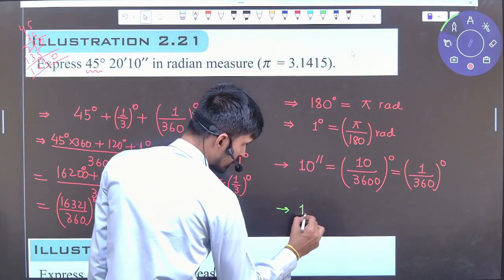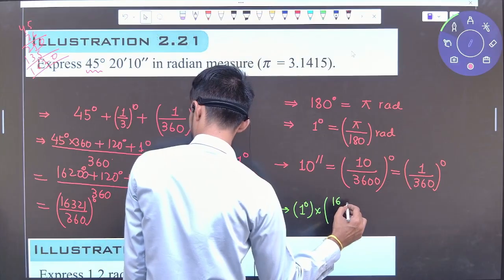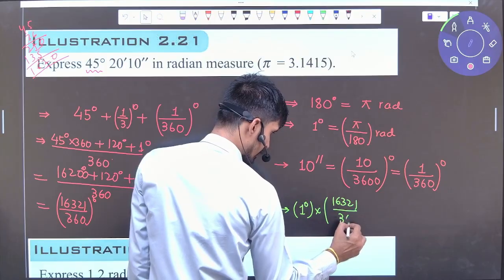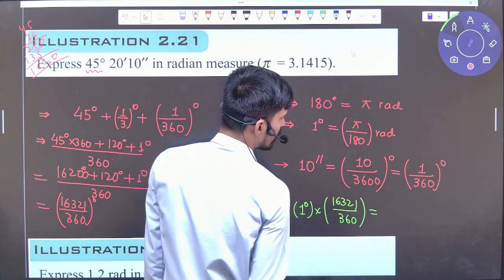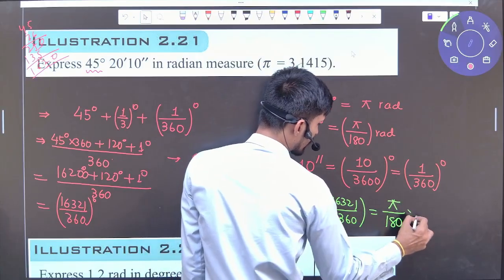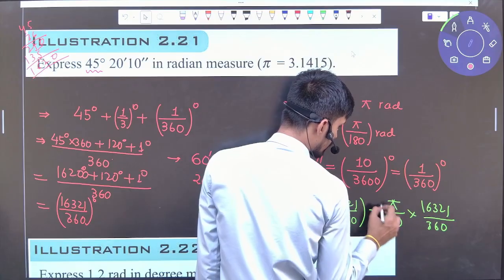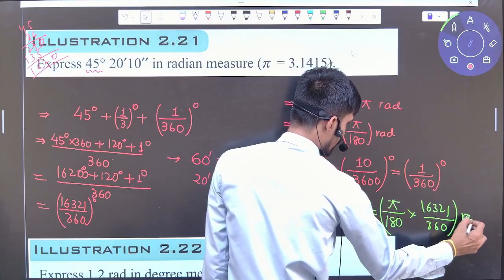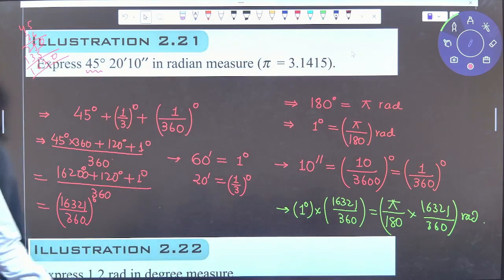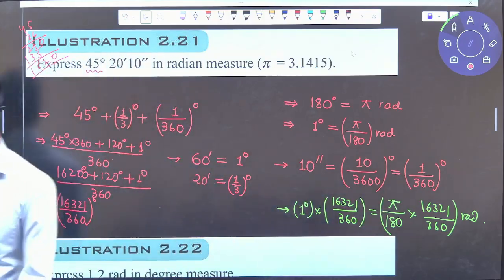So 1 degree into 16321 by 360 is equals to pi by 180 into 16321 by 360 radian. Okay, so this will become in degree and that will become radian, that much. Write it down.